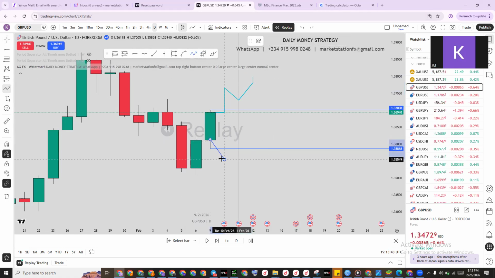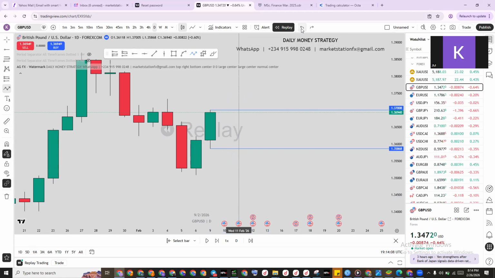It can break below and keep going. So it can break out and trend, and that can happen either to the upside or to the downside. Is that taken?